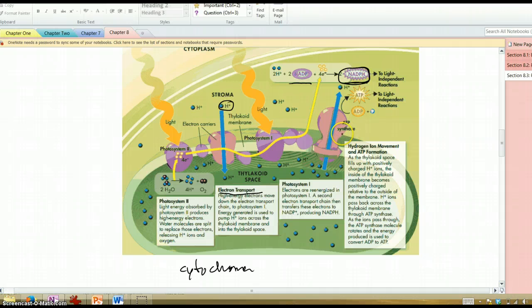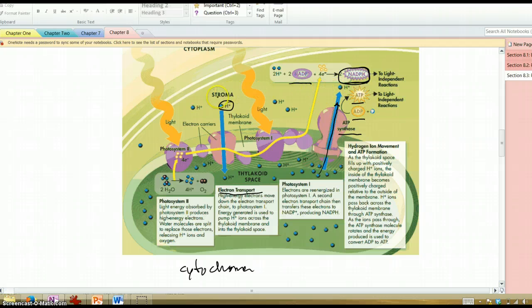Well, that's where this molecule ATP synthase comes along. It's a protein embedded in the thylakoid membrane, and it provides a pathway for these things to diffuse back out, essentially facilitated diffusion. Now, what happens as these hydrogen ions are moving through ATP synthase, they essentially cause ATP synthase to convert ADP into ATP, to synthesize ATP. And those hydrogen ions are back out here.